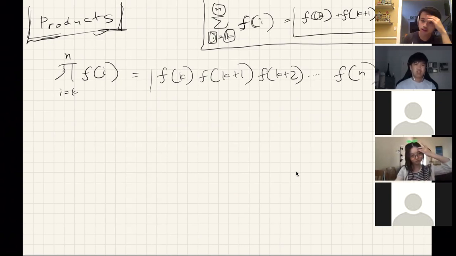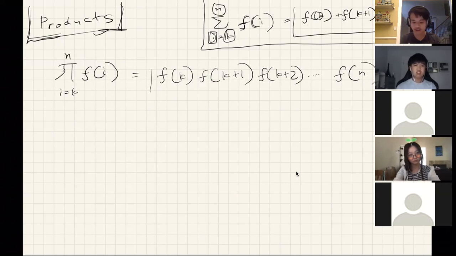If you've ever been to HMMT or something, they'll give you this notation. It looks a lot like the pi symbol, like the irrational number, but this is the product notation. I don't know if it has a Greek name like sigma, but whatever.